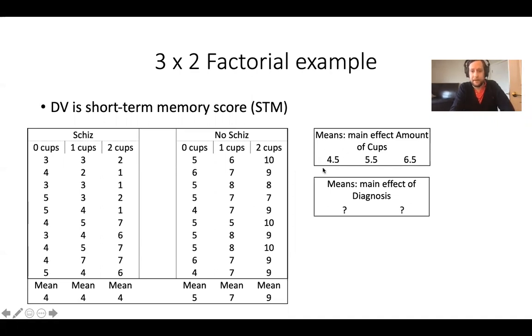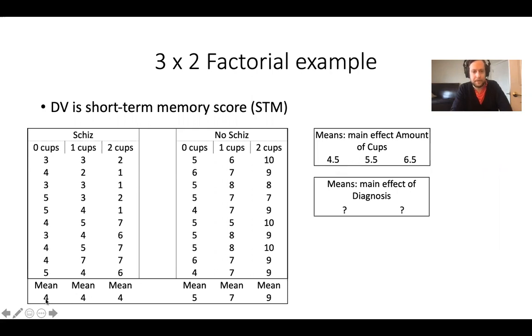If you take these 10 numbers, plus these 10 numbers right here, that's 20 total numbers. These are all people with 0 cups of coffee. Add them up, divide by 20, and you get 4.5.